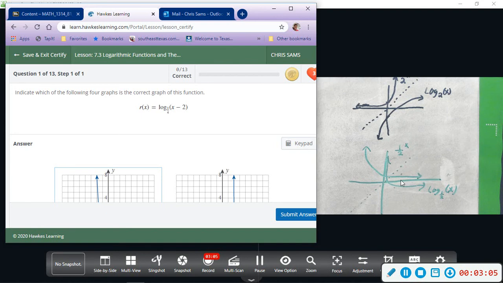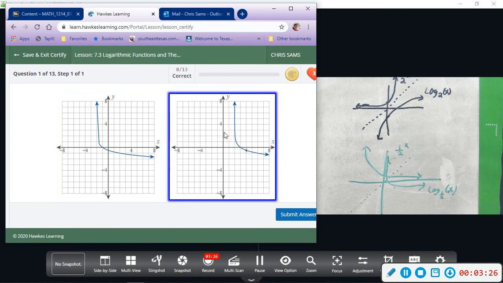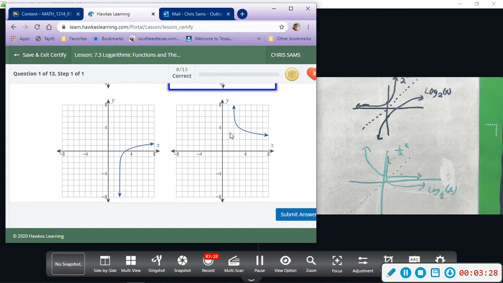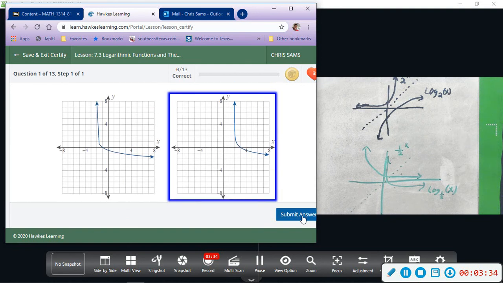So I'm expecting this graph to have this general shape starting over here, crossing the x-axis at 2, or shifted over 2 units. So all look like that. This one looks closer to being shifted over 2, going parallel up, not actually crossing at 2, but just being shifted over 2. So this one matches so far. This one's up in space, we don't have a vertical shift, and this one is not going the right direction. So we're going to go with number 1.